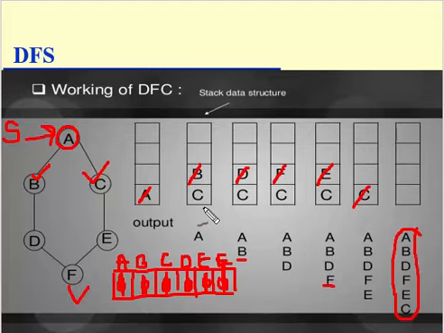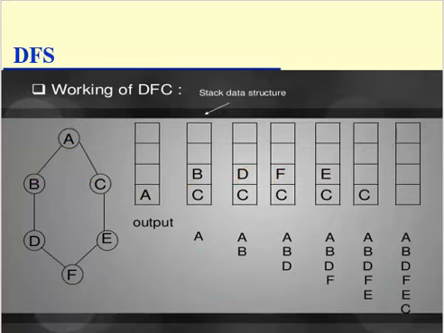Next, all things are going to remain the same. Pop the topmost element, print it, check all the nodes connected to this. If the visited is 0, push that into the stack, and you have to do this procedure until your stack is empty. Once your stack is empty, this is the output of your DFS. Okay.